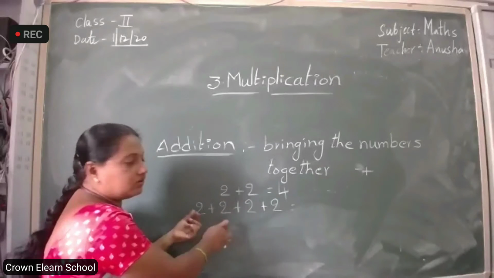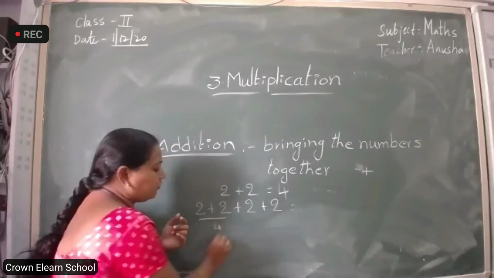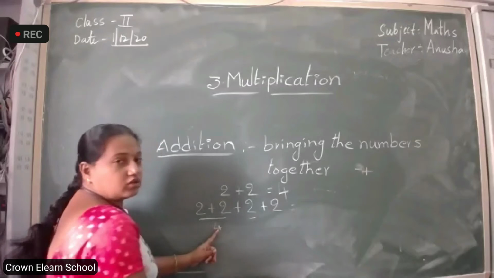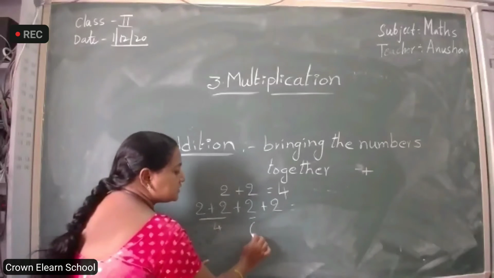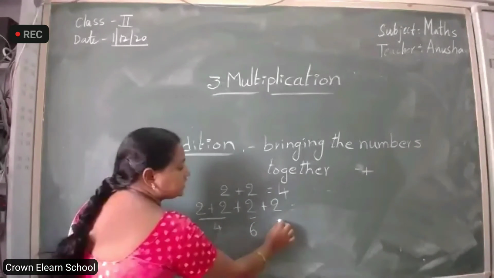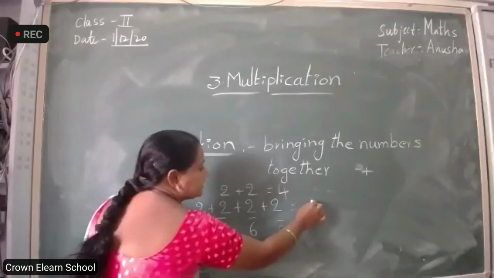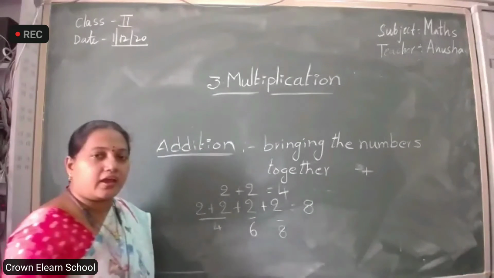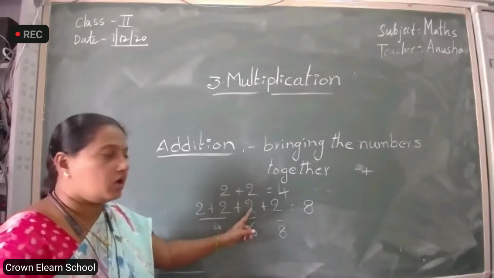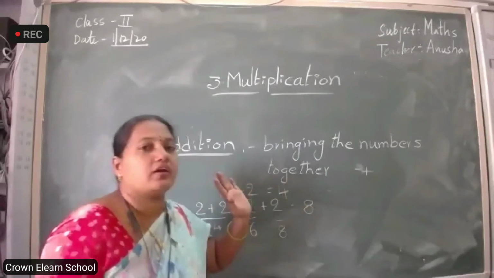Up to here, 4. 4 plus 2, how much? 6. 6 plus 2, how much, Nana? 8. So what is the answer? 8. 2 plus 2 plus 2 plus 2 is equal to 8.